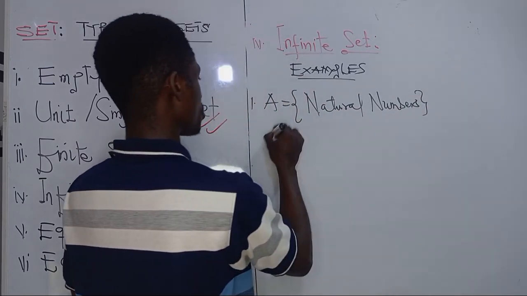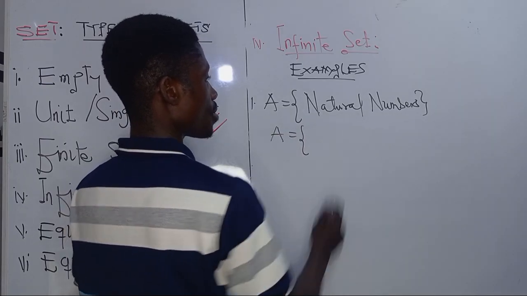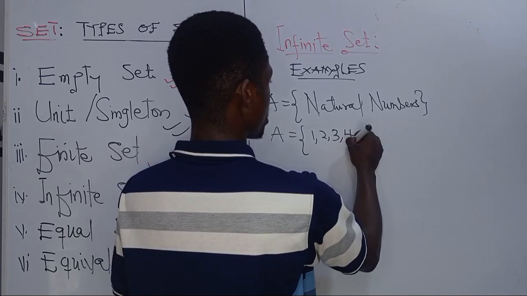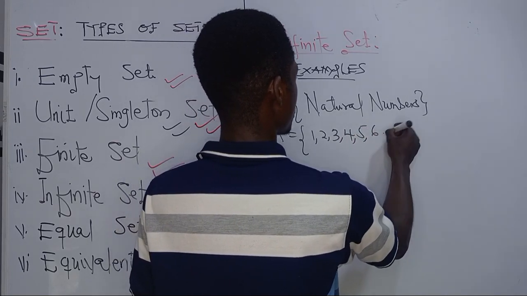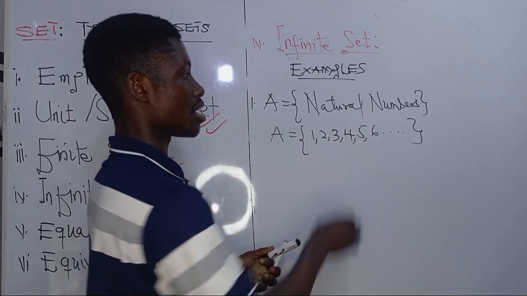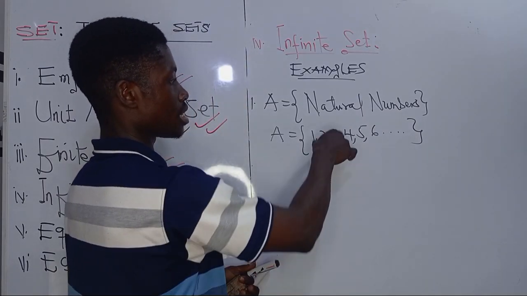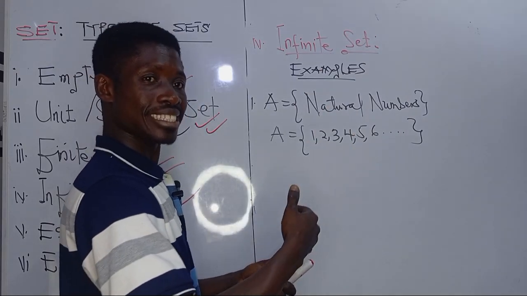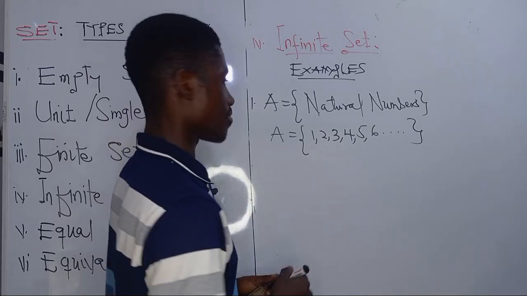So you realize that if you are to list the elements for set A, which contains natural numbers, we are going to list these numbers till the kingdom come, because we don't know the last number of the natural numbers. So this is an example of an infinite set because the last element cannot be found.